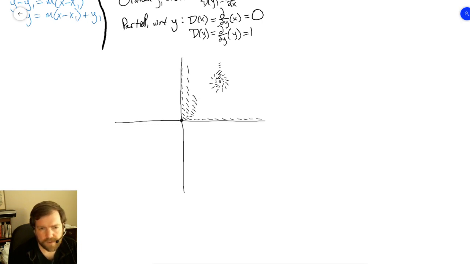On this side they would also do the same, so they'd be going this way.